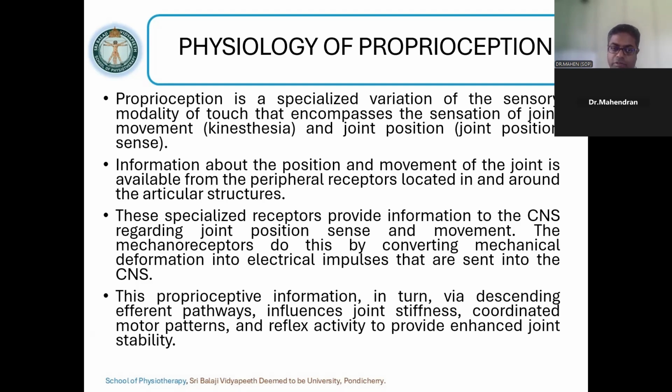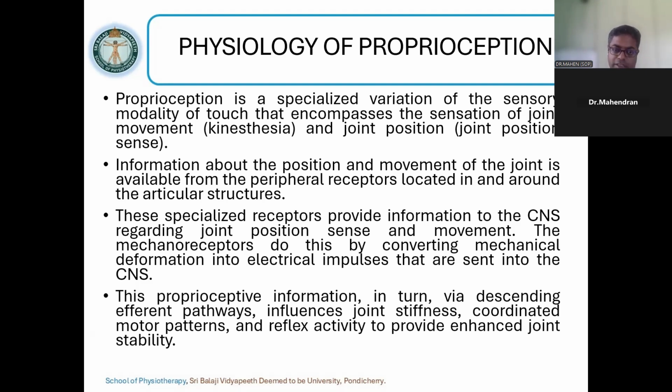Information about the position and movement of the joint is available from the peripheral receptors located around the articular structure. So this specialized receptor is located in and around the joint. It's not only located in the articular areas, but also the extra-articular areas. These specialized receptors provide information to the CNS regarding joint position change and movement.